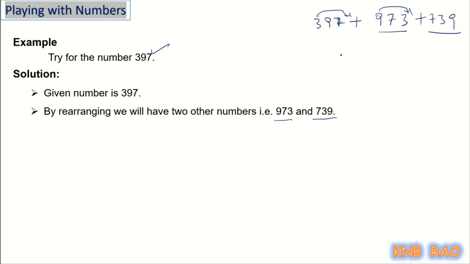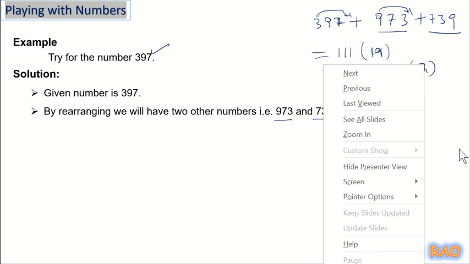Here I have got their sum giving us 111 times the sum of digits, 19. Surely you will get it. Here this 111 can be written as 37 times 3, times the sum of digits 9 plus 7 plus 3, or 3 plus 9 plus 7, which gives 19.